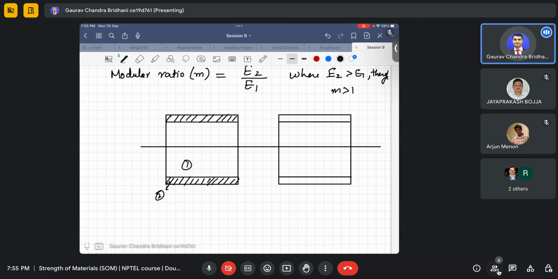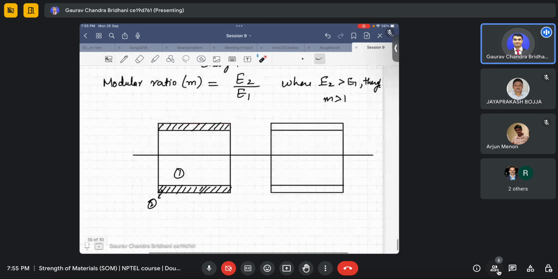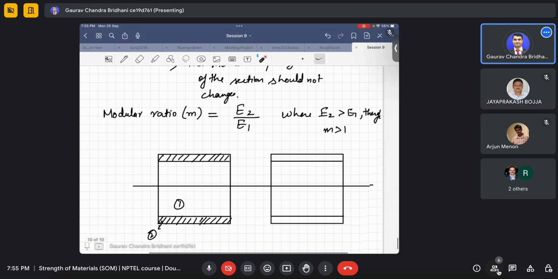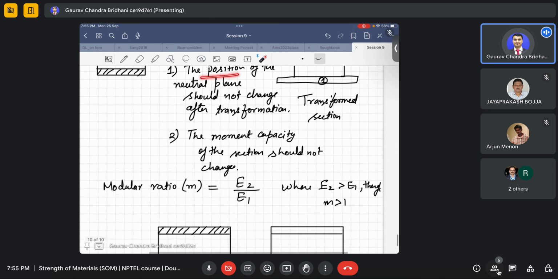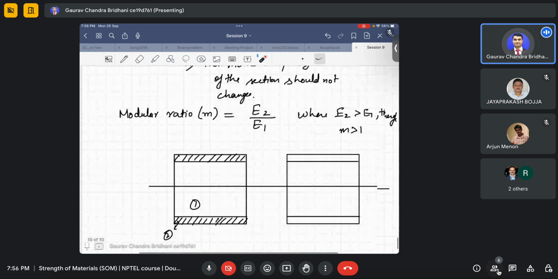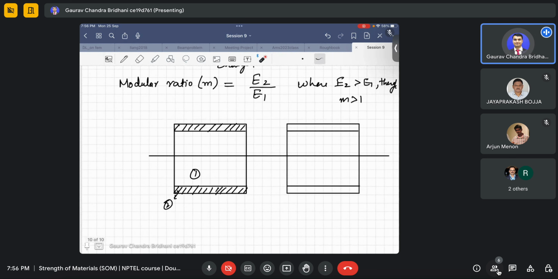Now what is proposed here is that because there are two different materials and we do not want to work in two different materials, we want to work in one material. What we do is we first define this quantity called modular ratio, which is nothing but E2 by E1. Then, as I told, the neutral plane should remain the same, it should not change, and the moment capacity of the section also should not change from the original section to the transformed section.